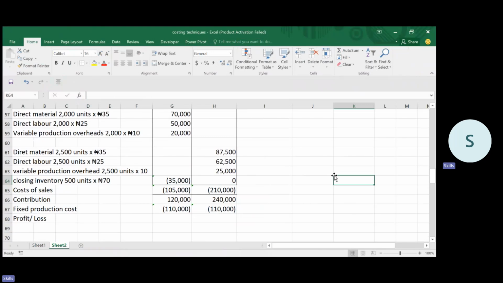So 120,000 minus 110,000 will give us 10,000. So the profit for the month of July is 10,000. 240,000 minus 110,000 will give us 130,000. So this is the profit for the month of August.